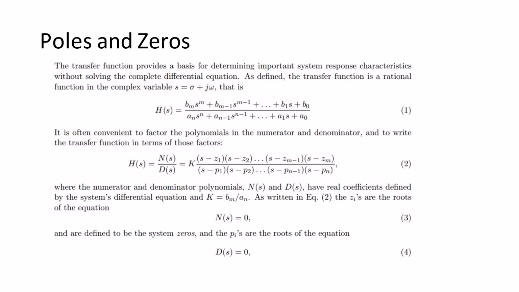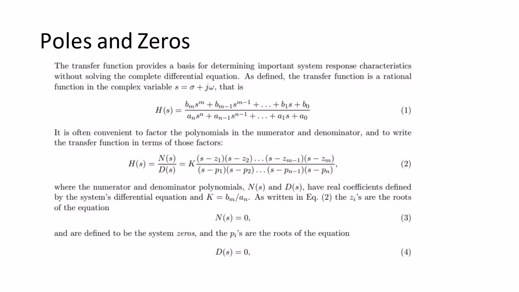Here we can see that Z1, Z2 denote the zeros, and P1, P2 are the poles of the system, which we get from the transfer function. So first we need to get the transfer function, which will be in the S domain, with one polynomial in the numerator and another in the denominator.